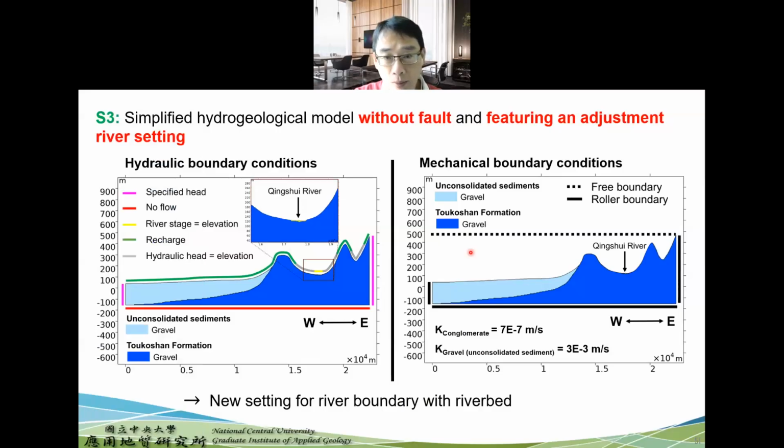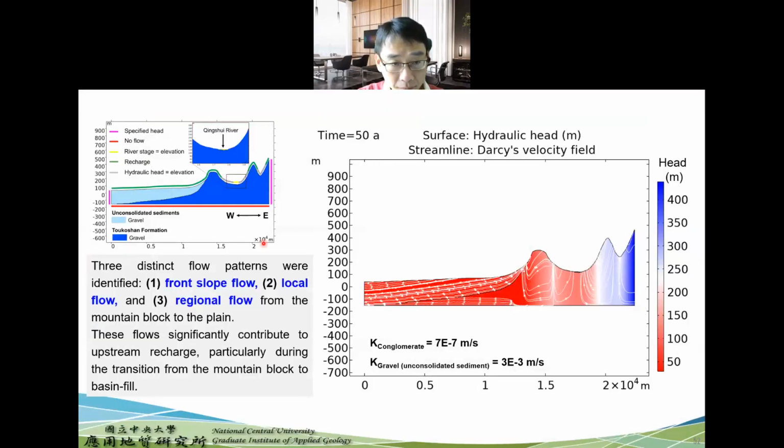Okay, and we try to do some further investigations, using the Tinshui River and setting up different quantities to see how the groundwater flow patterns look. Okay, seems the result could be similar. I will skip this part, but there are a few differences: some of the groundwater flow patterns still flow beneath the surface and discharge to the alluvial fan areas.